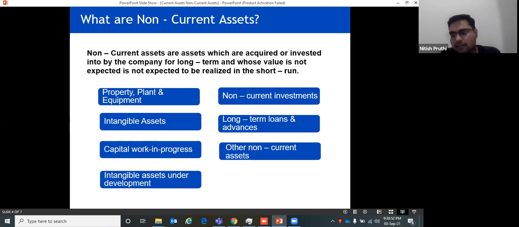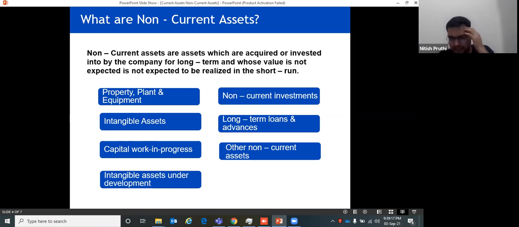Now coming on to other non-current assets, the last part. Anything which is not classifiable under the above heads is classified as other non-current assets. Let's take an example. In current assets, there is a component called trade receivables, which we generally call debtors.